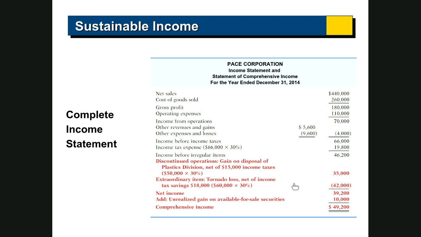So that's the extraordinary loss. You cannot consider it an expense unless you have a real loss. For example, let's say you have a building on your books, and the building is demolished.